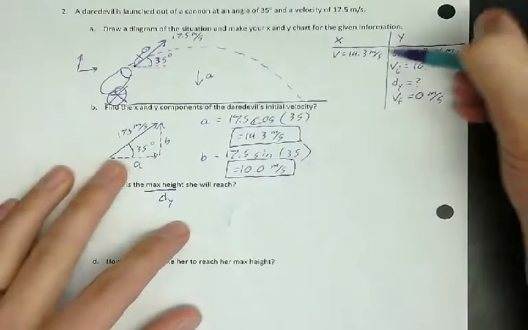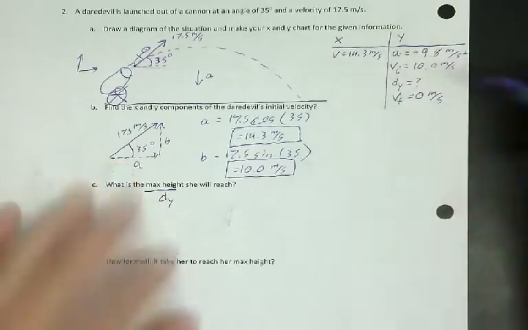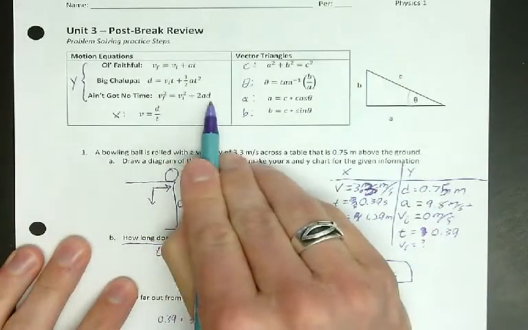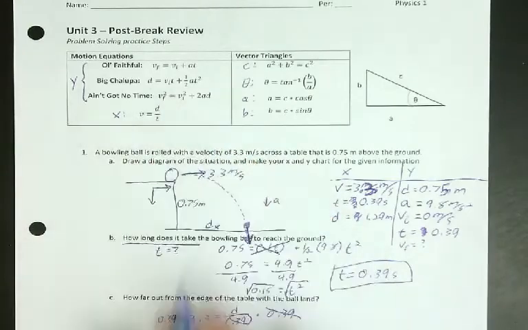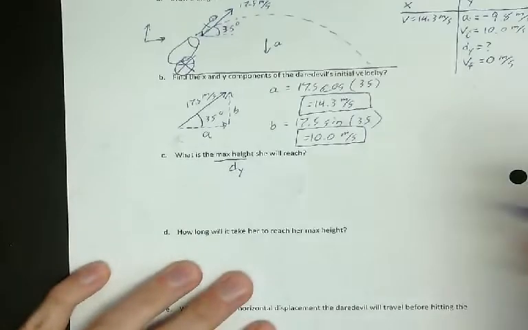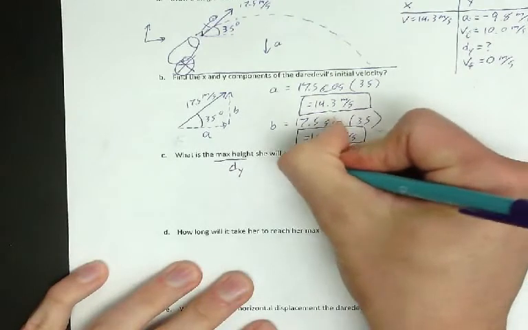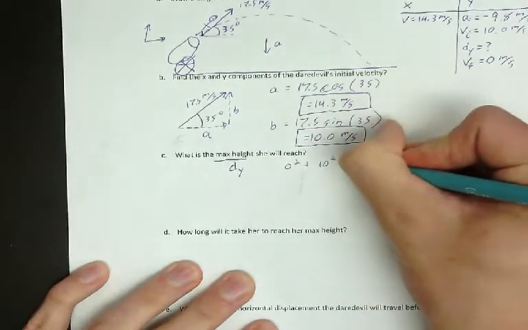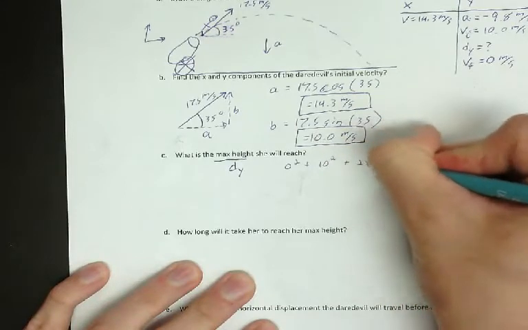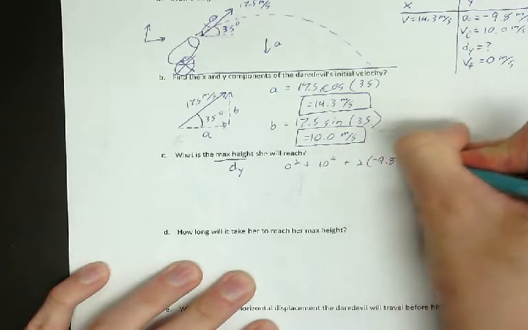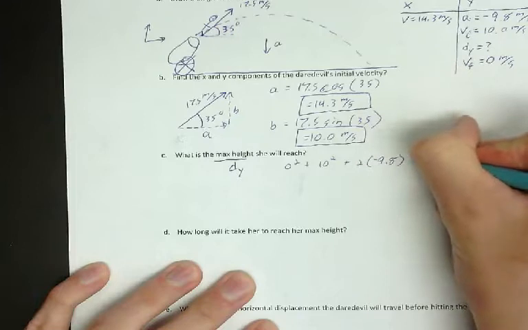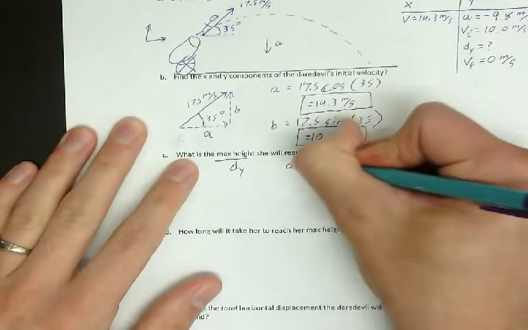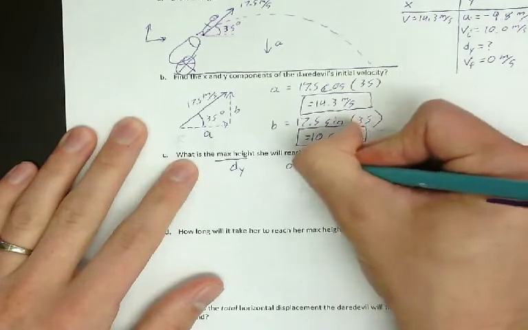So, we need an equation that's got A, VI, D, and VF. A, VI, D, VF, it has no time. So, VF squared equals VI squared plus 2A, remember A is negative 9.8 this time, D. Sorry, this should be an equals, not a plus.